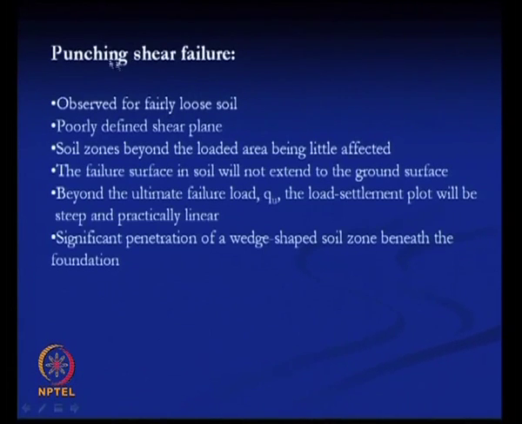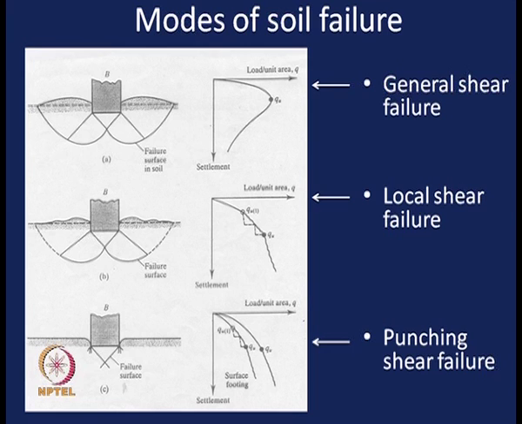The third one is the punching shear failure. This is observed for fairly very loose soil or very soft clay. So, with loose sand or soft clay, there is a poorly defined shear plane. There is a poorly defined failure surface; no such surface is observed or identified.